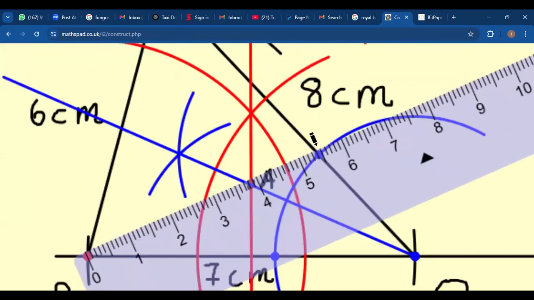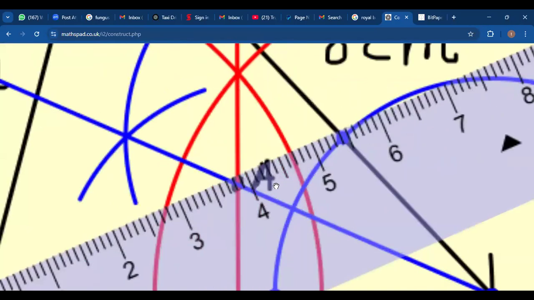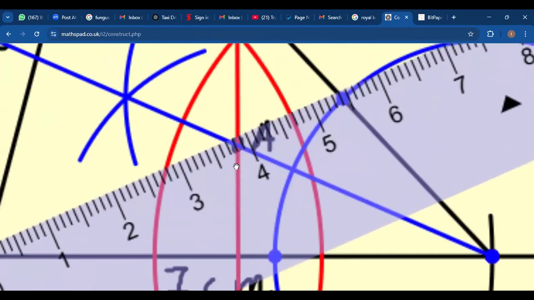Let's look again: 3.5, 3.6, 3.7, 3.8. It is exactly 3.8. What did y'all get? Anyone else get 3.8 or close to it? Let me know, please.